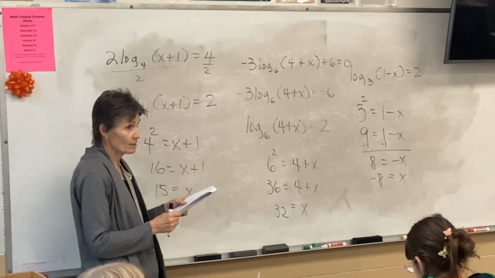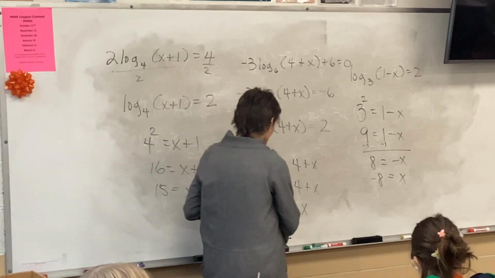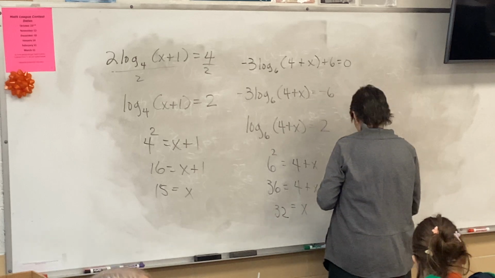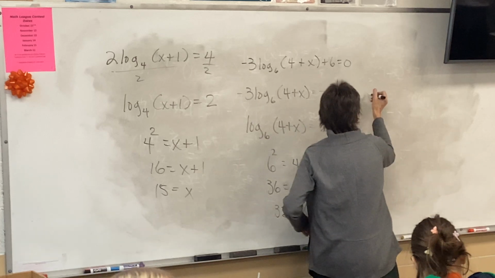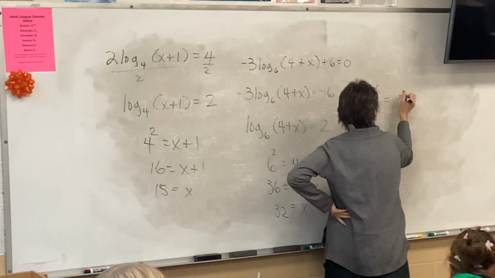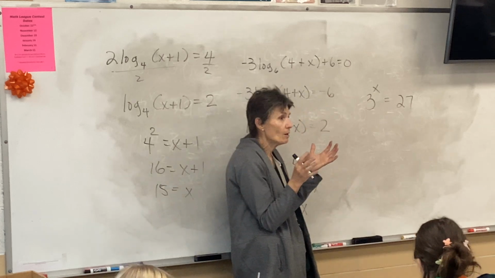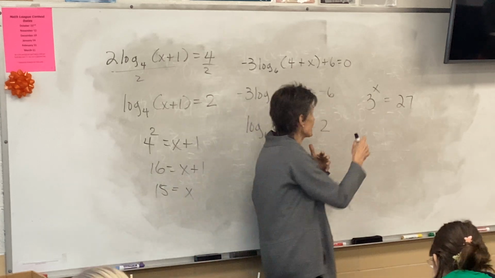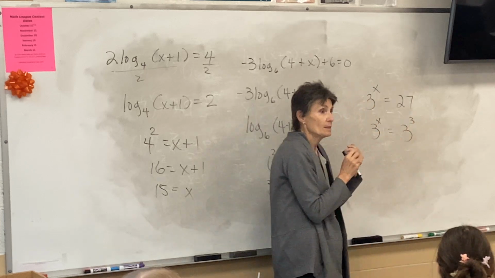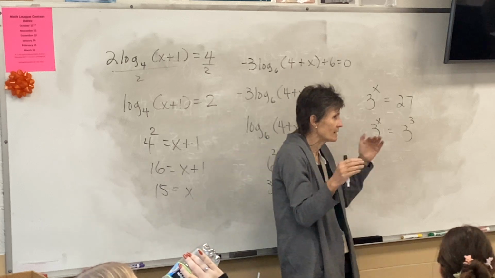Because now we're gonna need our calculators. So yesterday, we had problems that looked like this. 3 to the x equals 27, something like that. And we were able to do those because 27 is also a power of 3. So we had a common base. We changed both sides into the same number.